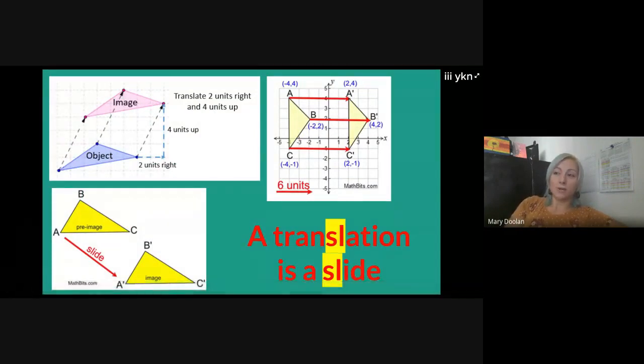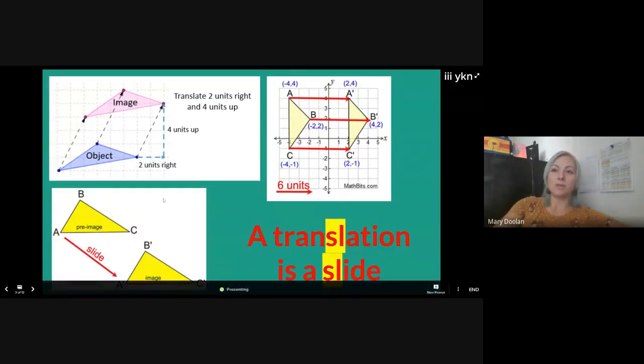One thing that I use to help myself and students remember what a translation is: you can see in red font, I've typed out a translation is a slide. Notice that I've highlighted SL in both words. Because translation and transformation are so similar, the SL stands out. Then think of the word slide. That means you're sliding.